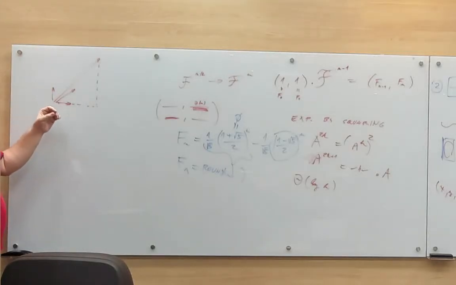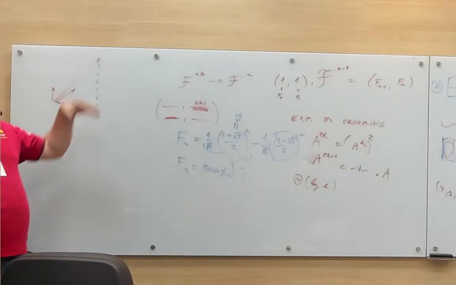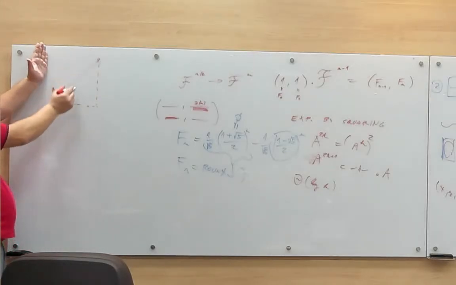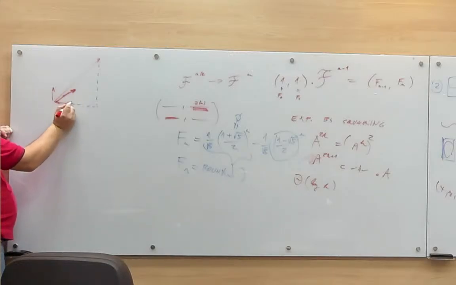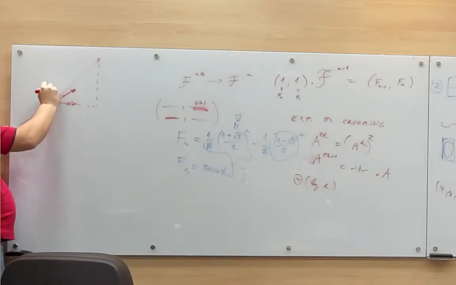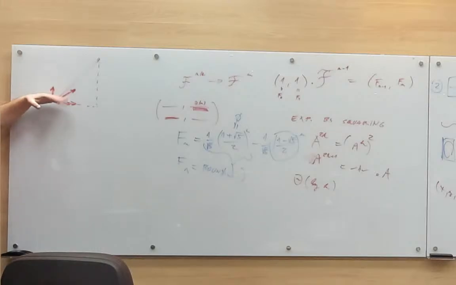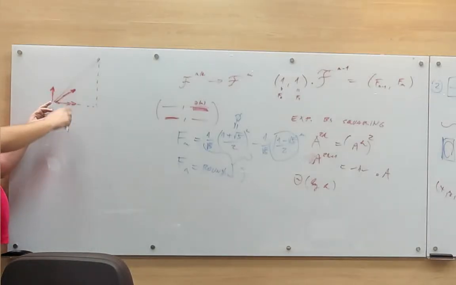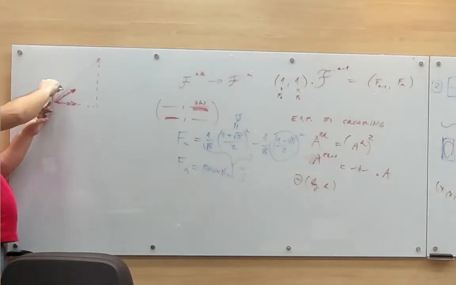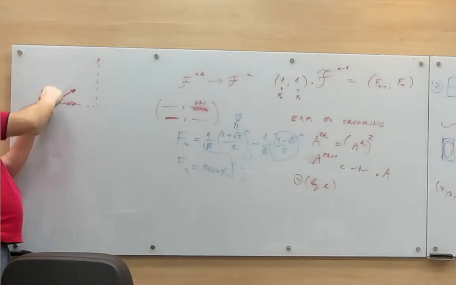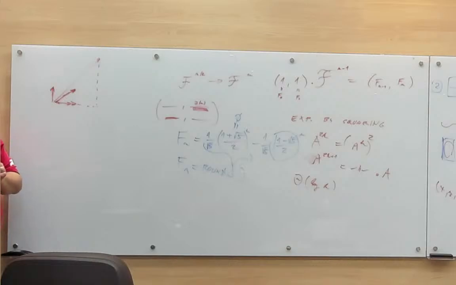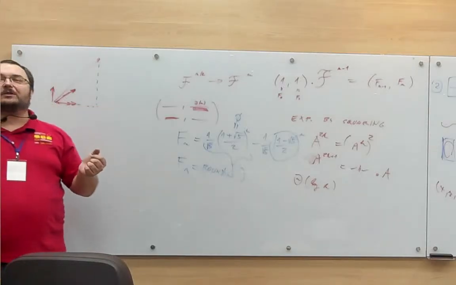So if this is your input vector, these are the parts of your input vector in the directions of the coordinate axis, and the final image can be produced by taking this projection and scaling it by the factor of 2, taking this projection and scaling it by the factor of 3, and then adding those together, and you will get the final scaled vector. And this is exactly what is going on also in the general case.